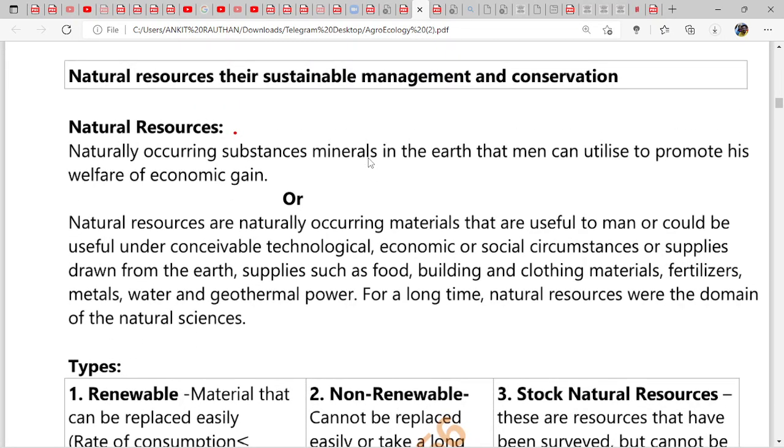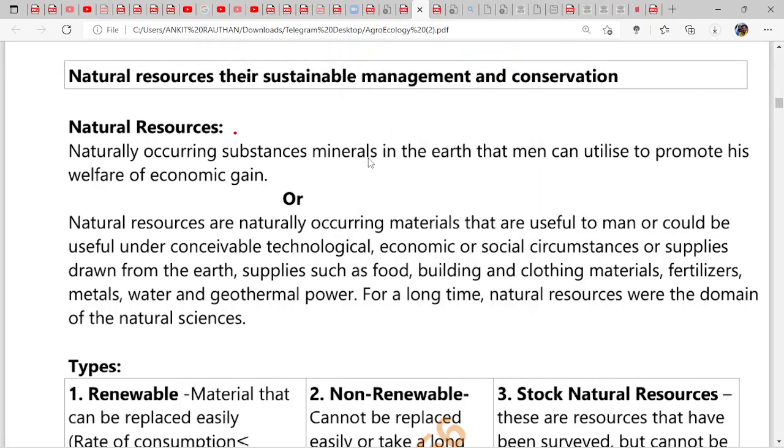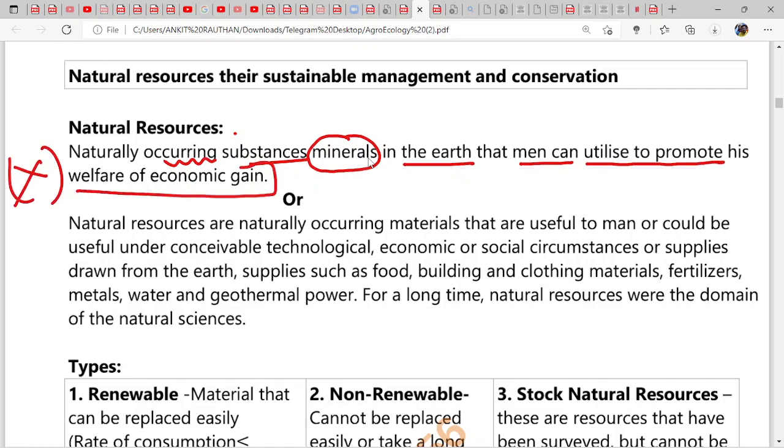See this again, the definition of natural resources. Naturally occurring substances, minerals in the earth that man can utilize to promote his welfare. Not a good definition, right? Let's see the second definition. Natural resources are naturally occurring materials that are useful to man, that man knows how to utilize.